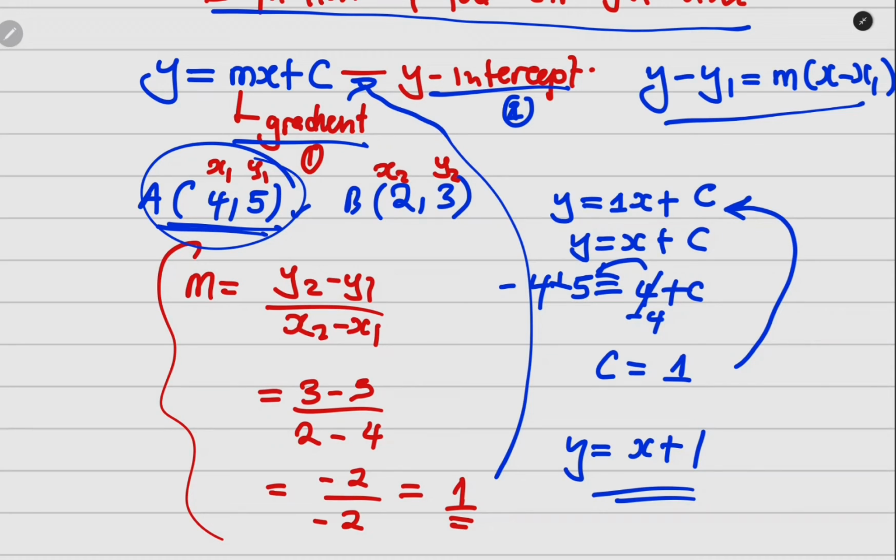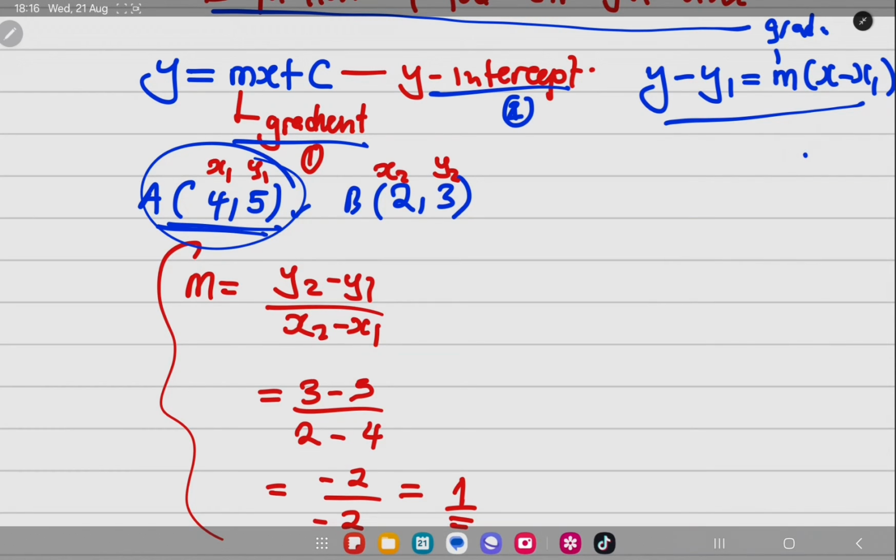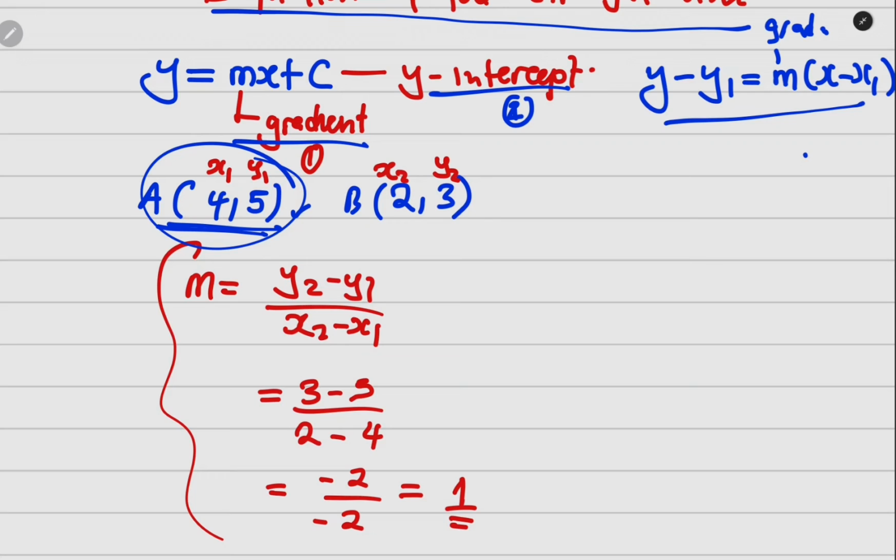Okay, now let us try to use the other form, since we said this one also works. You know that m is the gradient, and here we already have it, which is 1, so we simply replace m with 1. We say y minus y1 equals 1 times x minus x1. The y and x remain in the equation.